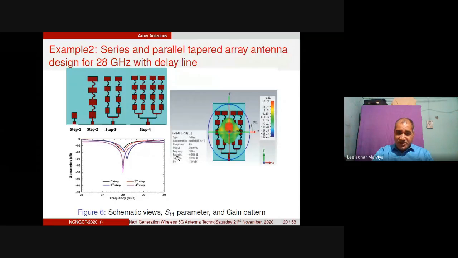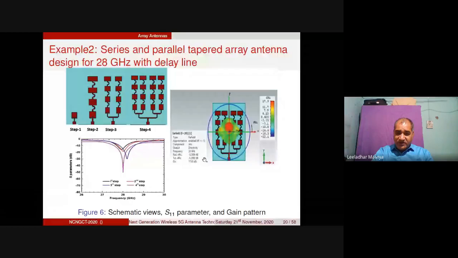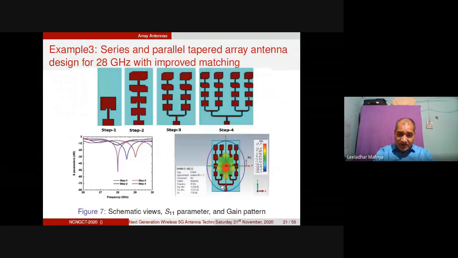So radiation efficiency and the total efficiency are not affected by a big factor here. Very small change can be seen, and we have cleared our target that the beam is now in the center, right?